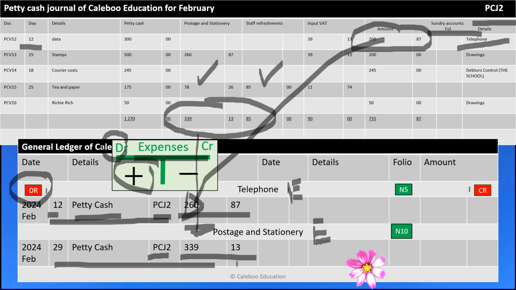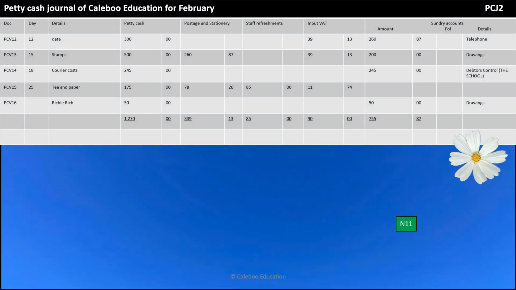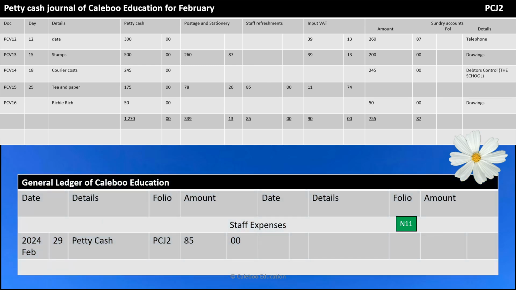So now we've taken the information from the petty cash journal to all the ledger accounts, except for one account, and that is N11, staff expenses. Staff refreshments.